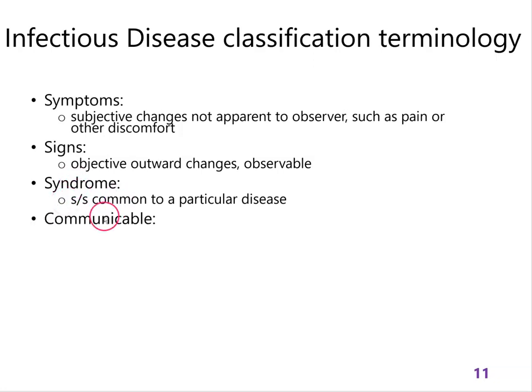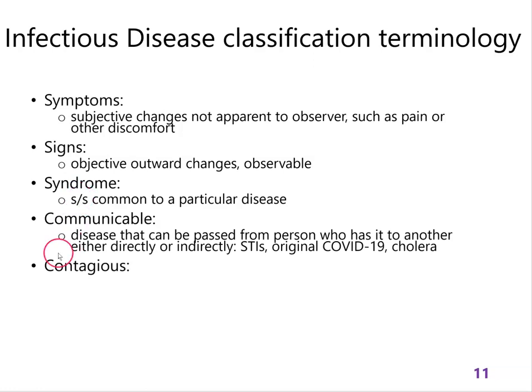Then we have diseases that are communicable or not communicable, and communicable diseases can be spread from person to person. And contagious diseases are easily spread from person to person. There are a lot of diseases where the bacterium or the virus can spread from person to person, but it's not super fast or super easy. And then there are lots of others that are very contagious.